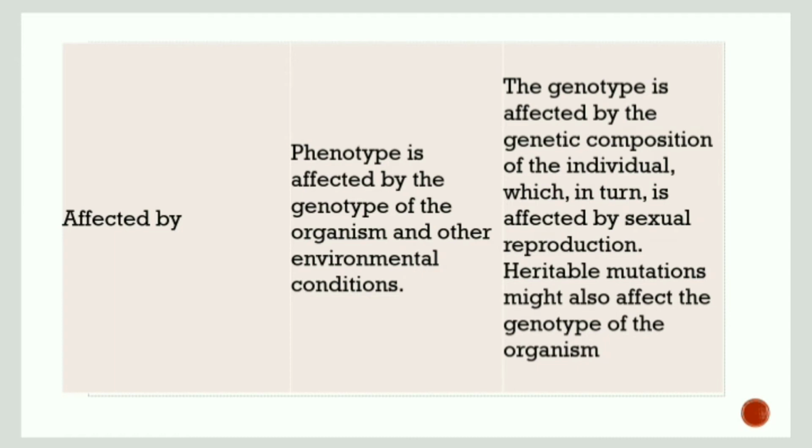Whereas in the case of genotype, it is affected by the genetic composition of an individual, and this is affected by the sexual reproduction. So heritable mutations are also affected in the case of genotype. So in the case of phenotype, it is the genotype as well as environmental conditions, whereas in the case of genotype, it is the genetic composition as well as the heritable mutations.